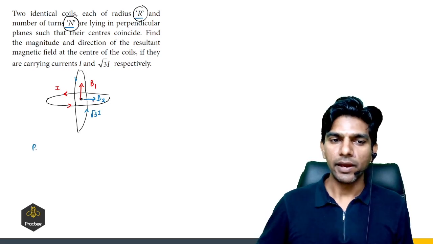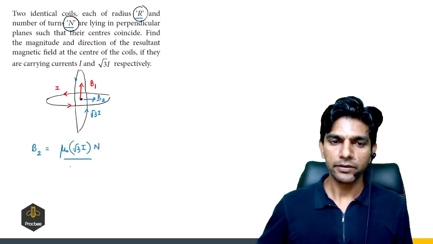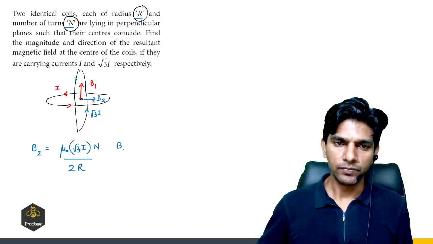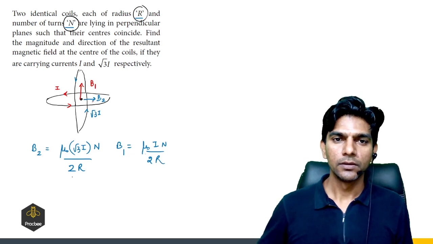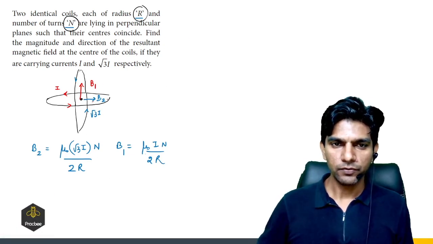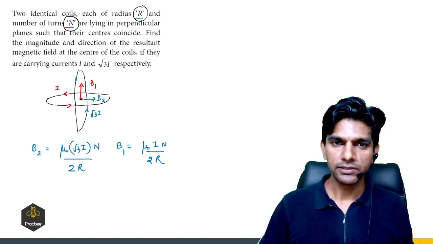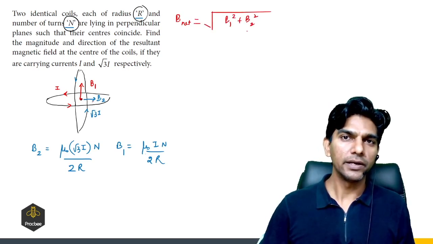So let us find the magnitude. B2 will be mu naught root 3 I times number of turns divided by 2R, and B1 will be mu naught I times N divided by 2R. Okay. So if I want to find the magnitude of the field at the center, B net will be the square root of B1 squared plus B2 squared, because they are perpendicular to each other.